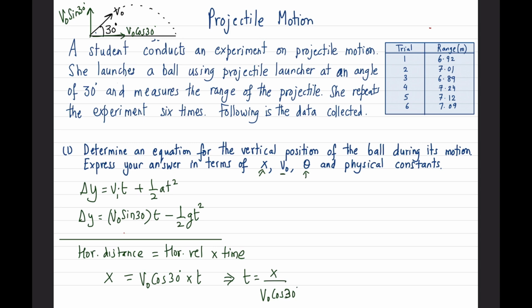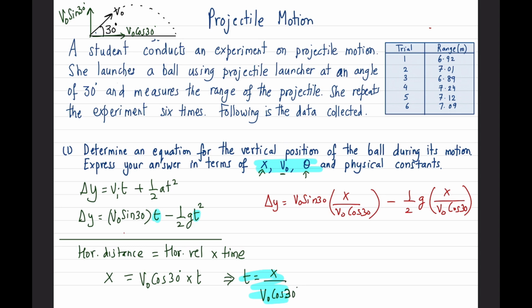Now I'm going to replace this in the equation so that we can get what they are asking us to get. We'll write that delta y is equal to v0 sine 30 times x over v0 cosine 30, minus half g times x over v0 cosine 30, squared. v0 and v0 can be cancelled and sine over cosine is tan, so I can write x tan 30.